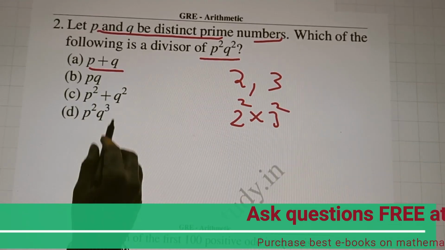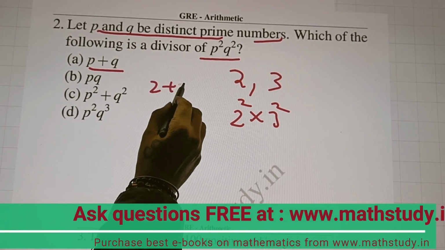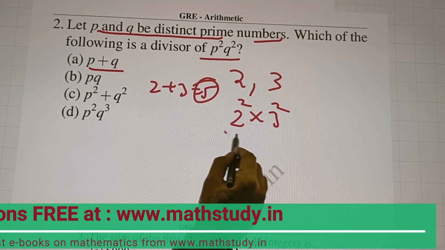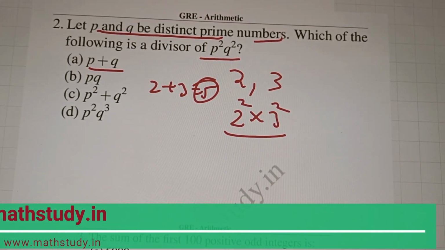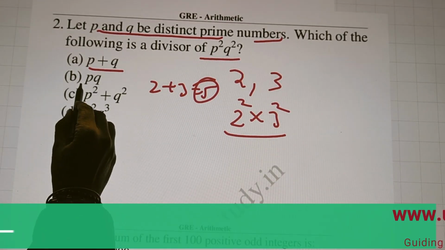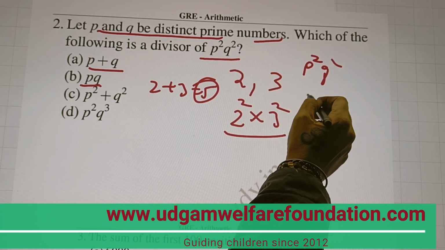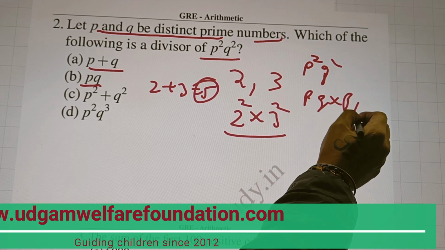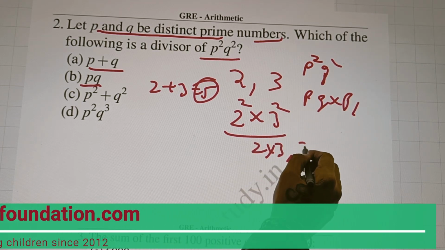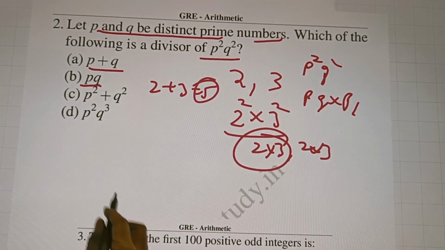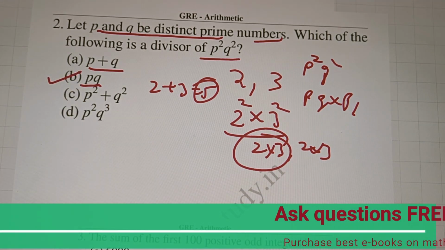Number 1: P plus Q, which is 2 plus 3, is 5. 5 is not a divisor of this one. Simple. P into Q. If we take a factor from P square Q square, we will get PQ into PQ. That means 2 into 3 and 2 into 3. That means PQ is a factor. So the answer is B here.